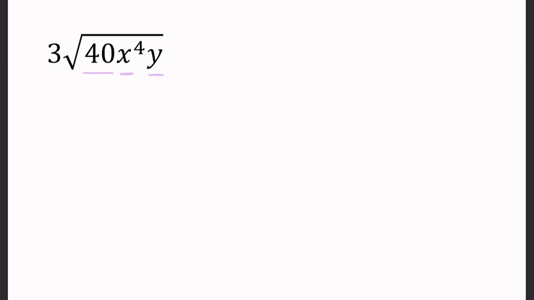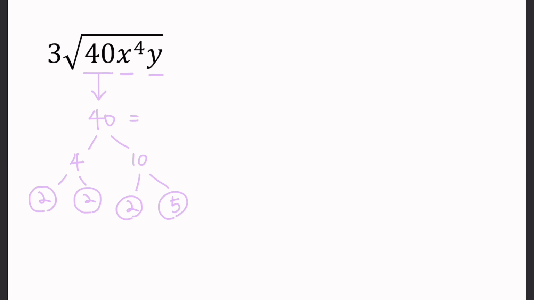Let's go ahead and prime factorize the number 40 by building a factorization tree. 40 is equal to 4 times 10. 4 is equal to 2 times 2. And since 2's are prime numbers, I'm going to circle them. 10 is composed of 2 times 5, so I'm going to circle both numbers since both 2 and 5 are prime numbers.